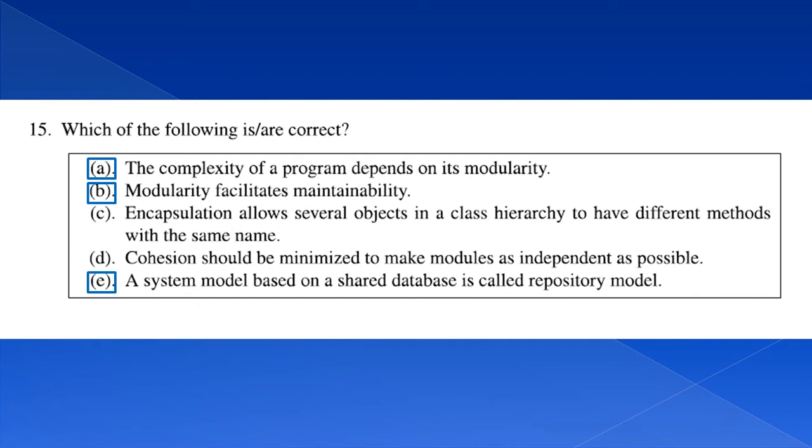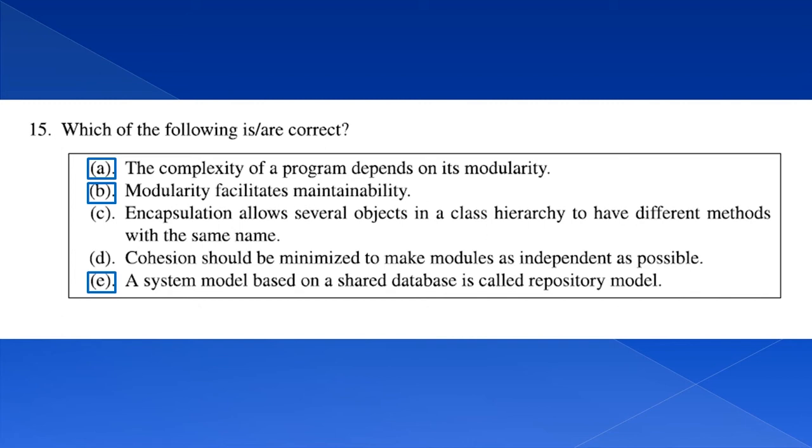Okay. And C says encapsulation allows several objects in a class hierarchy to have different methods with the same name. Now you know that's polymorphism, and that comes in a lesson yet to come.